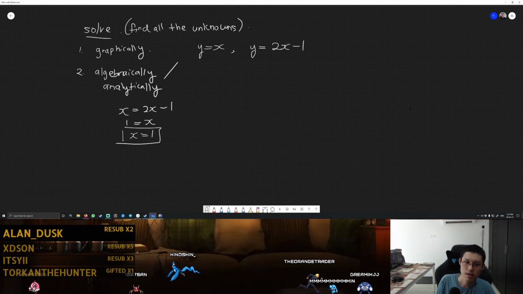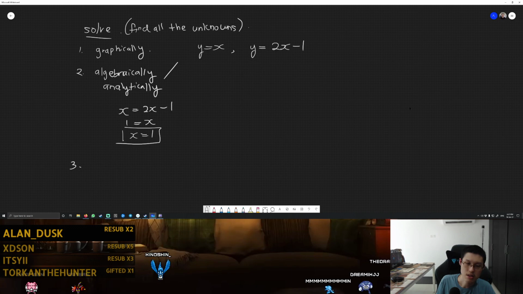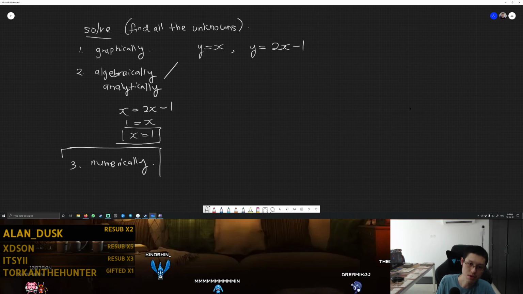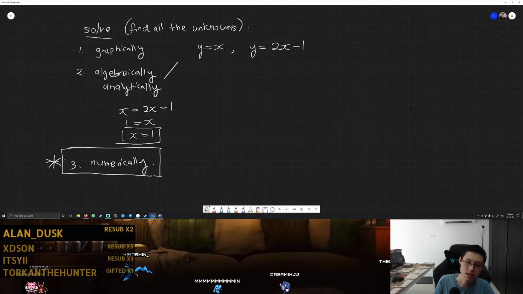So there's actually a third secret method which you do not know, and this is solving something numerically. This is what we're going to be doing today. There are certain questions that cannot be solved algebraically.